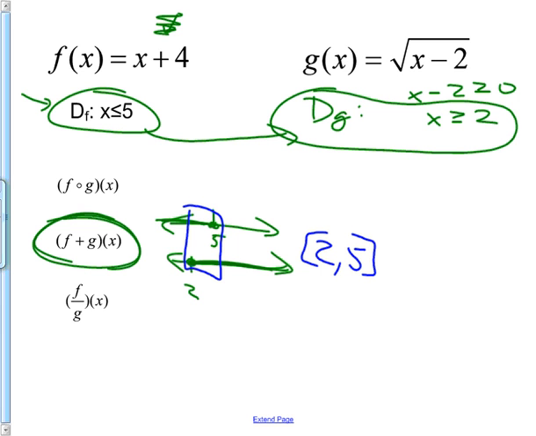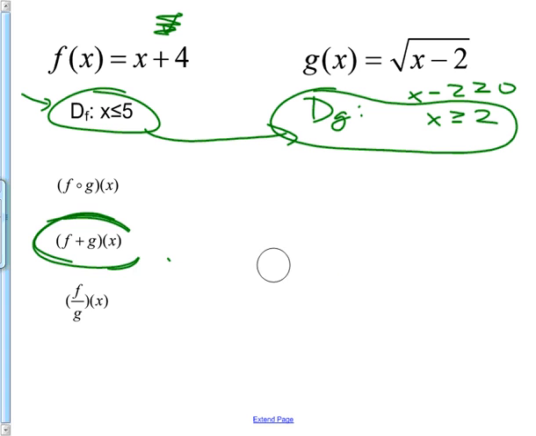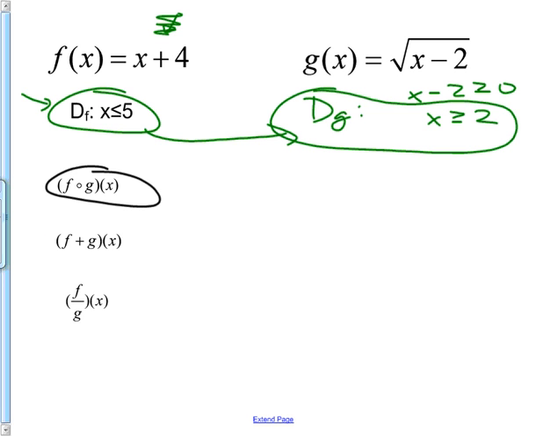How about domains for the hard kind? You have to know a formula. If you know it, for finding this one, which is also known as f of g of x, if you know the formula for finding that domain, it starts with the domain of g. Write it on your paper. You got to have that one memorized.